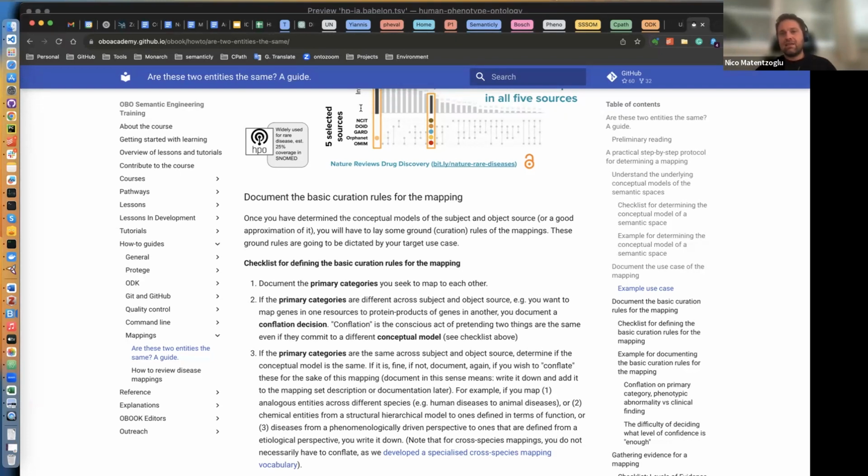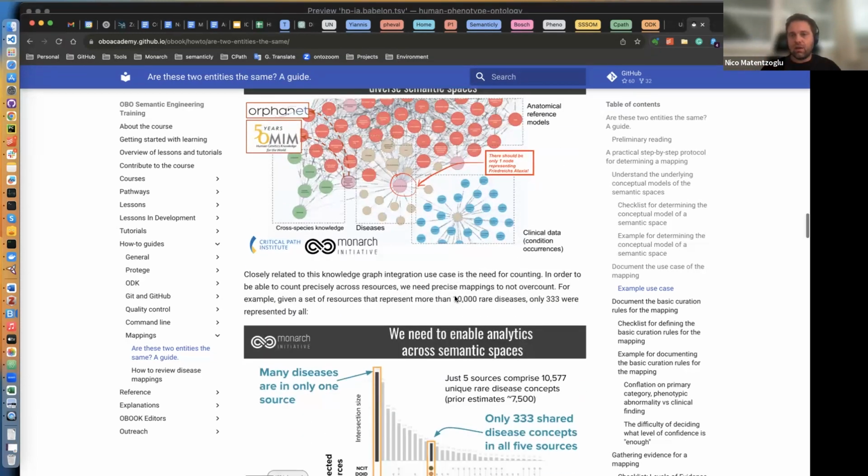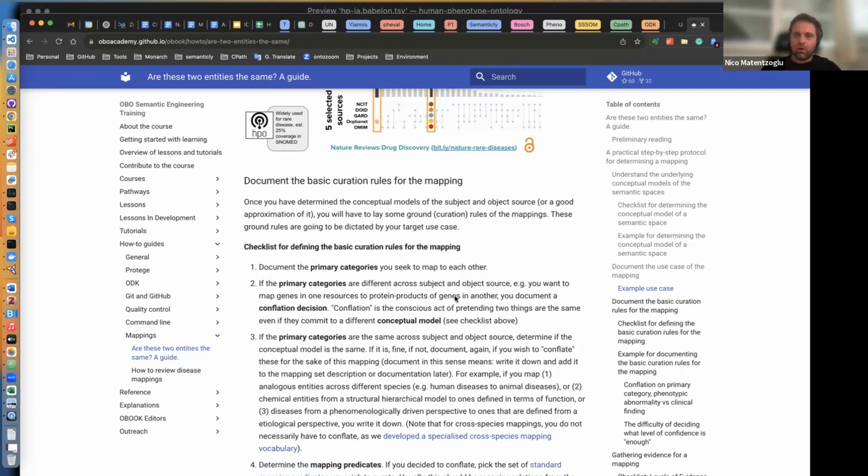Again, you will see this in the evidence gathering too: you can get practically useful mappings with low levels of evidence that can be used for many different use cases, but may not be suitable for something like a clinical billing use case, where if you find a SNOMED code in an input, you want to know which exact ICD term you can link it with so that you can run billing. This requires a different level of curation and a different level of analysis, which you would probably call paralysis, than more sane biomedical data integration, like this use case here, where we can live with a bit more noise.